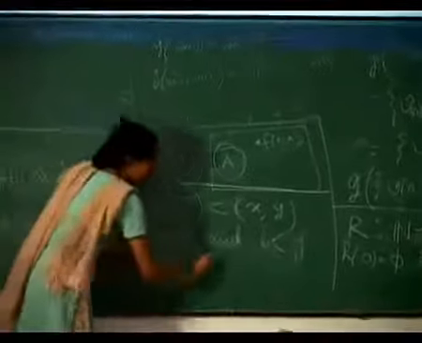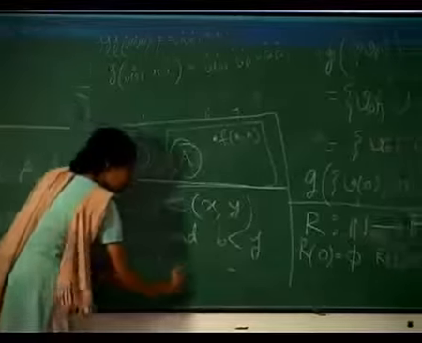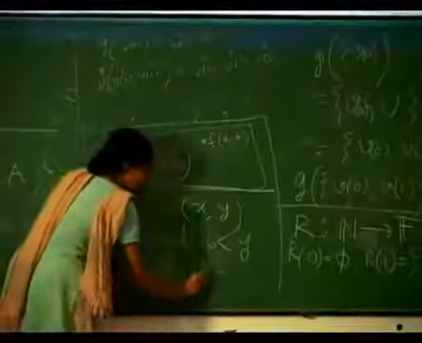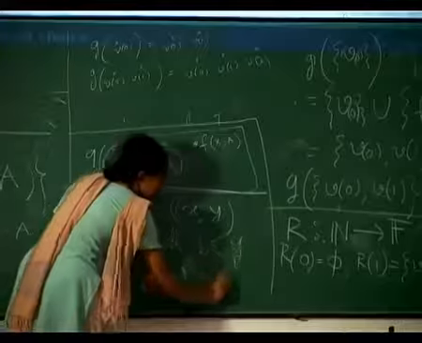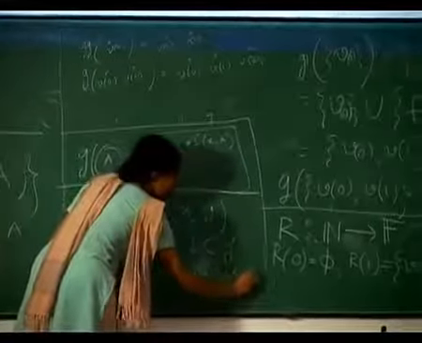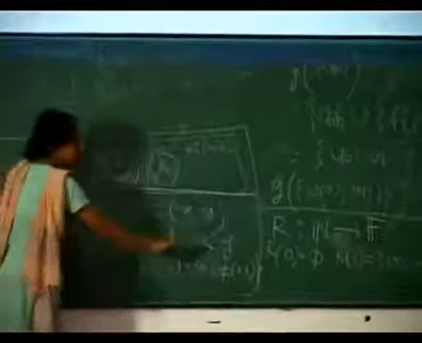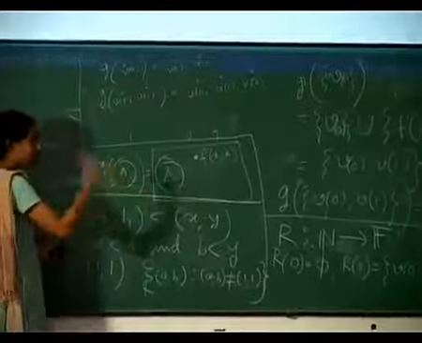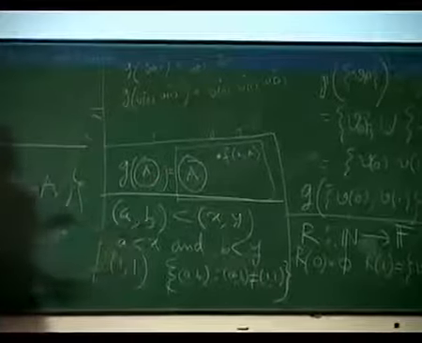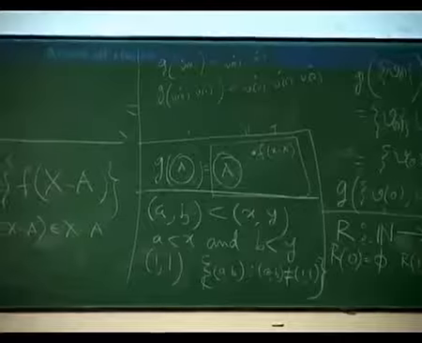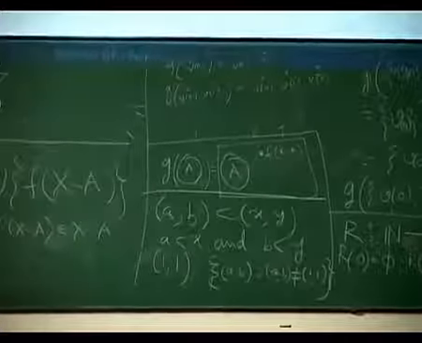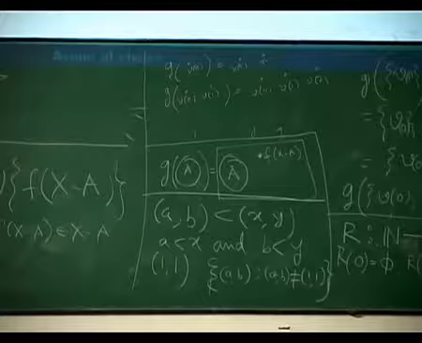whereas if you take this subset, all (a, b) in N cross N such that (a, b) is not equal to (1, 1), which means that either a or b is not 1, you can prove that it really doesn't have a smallest element, which shows that this particular order on N cross N is not a well order.